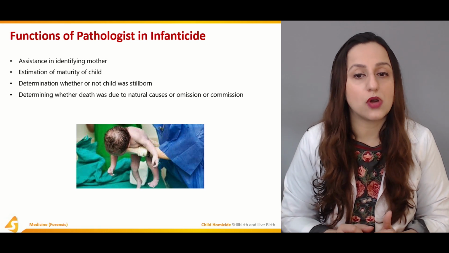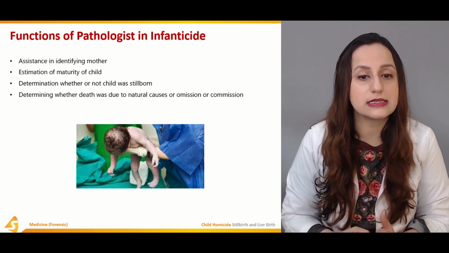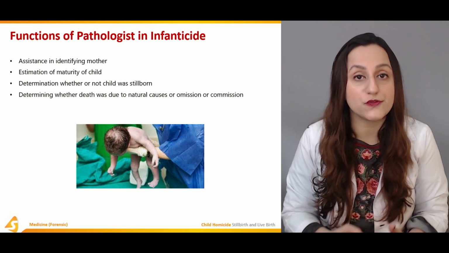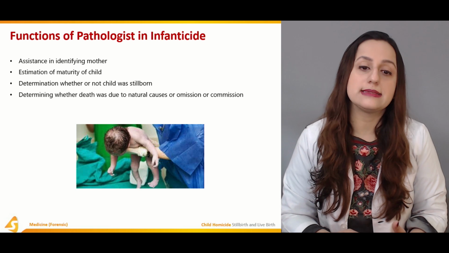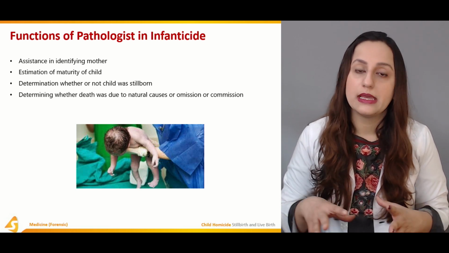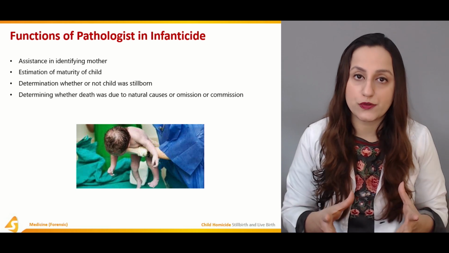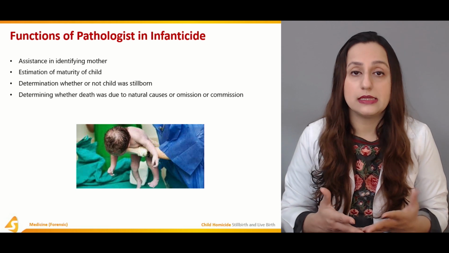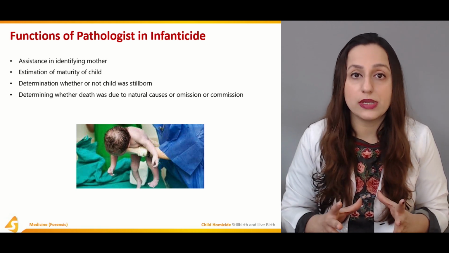Now, the functions of pathologist in infanticide: assistance in identifying the mother. Of course, it's again very important to personally identify the mother, as well as the estimation of the maturity of life of the child. So there are different signs that have to be looked for, even if it is an intrauterine death, the gestational weeks have to be calculated.